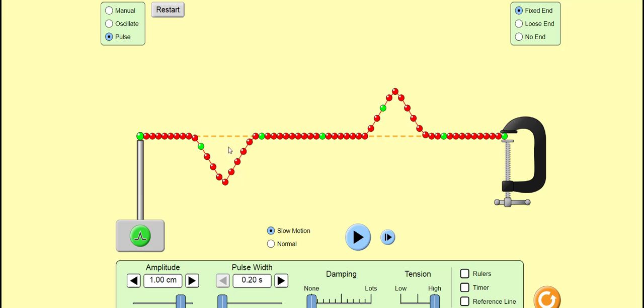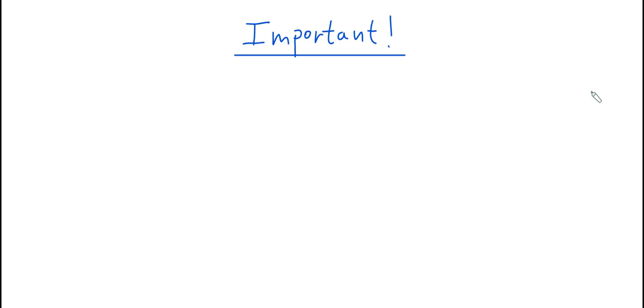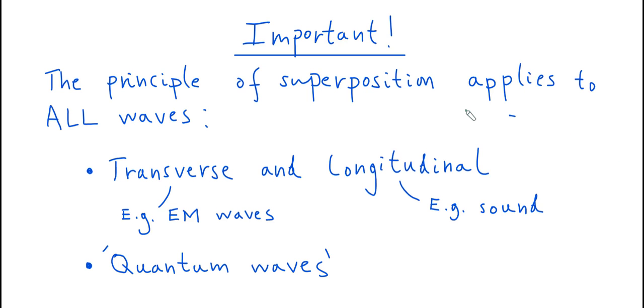Throughout this video we've been using this simulation of transverse waves on a string or a rope. However, it's really important that you realize that the principle of superposition is a general principle. So it applies to all waves, okay, not just the kind of waves we've been looking at.